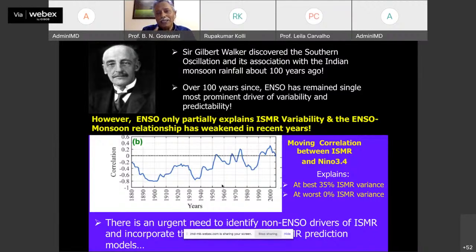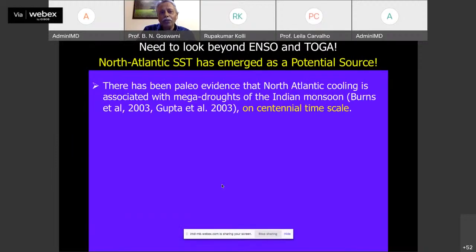Where does it come from? We must identify it. That is the need to identify non-ENSO drivers of monsoon and incorporate them into the prediction system. That is why this connection with AMO is important. So we need to go beyond TOGA and ENSO.